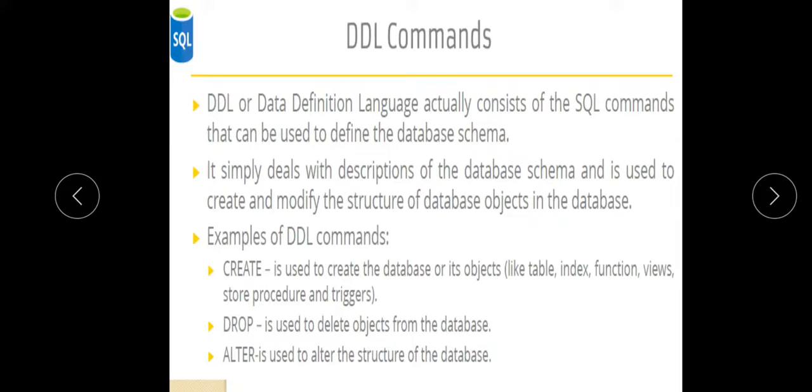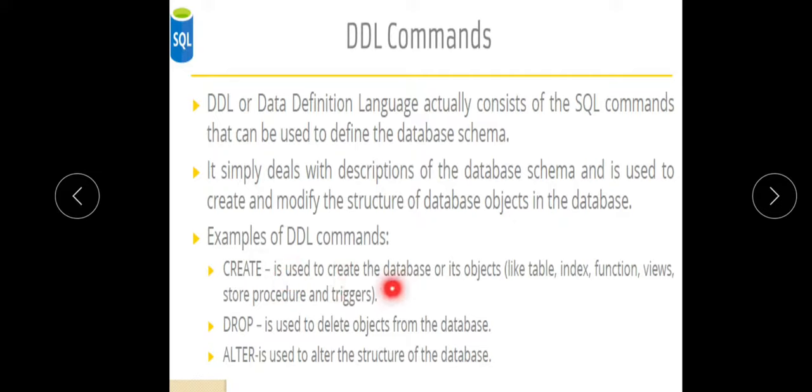Examples of such DDL commands are create, drop, alter. First we are going to see the create command, then the drop command, then the alter command. Create is used to create a database. Suppose we want to create a table, we can use the command create.